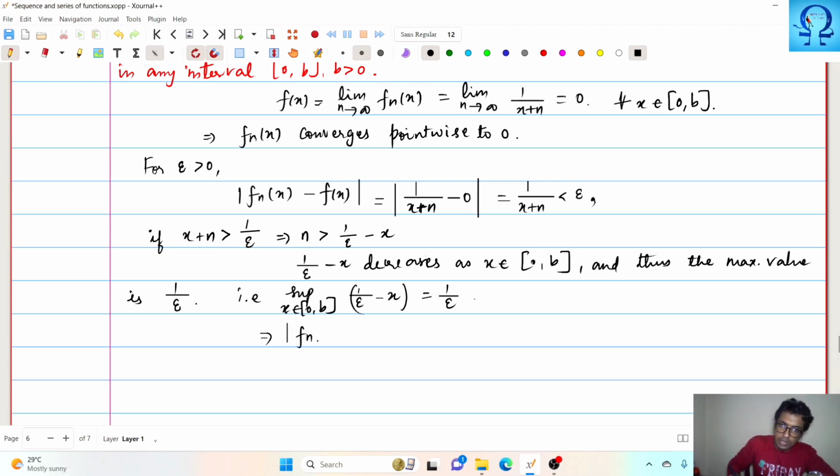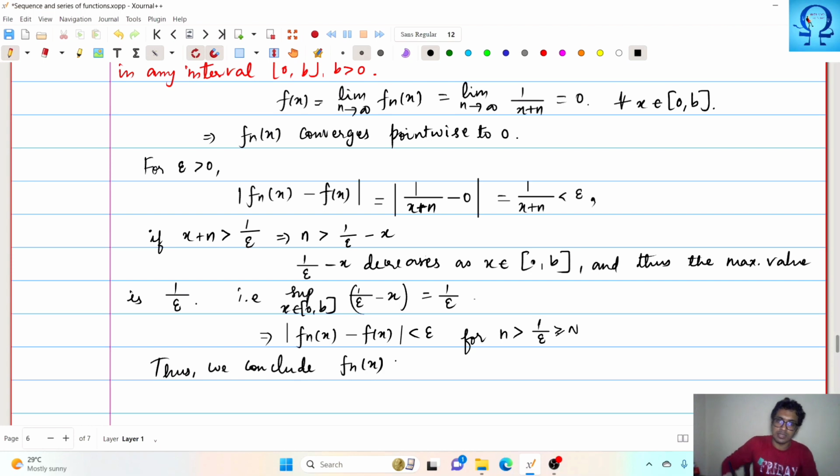Therefore, absolute of Fn of x minus f of x is less than epsilon for n bigger than 1 upon epsilon. So you can identify some big N which is greater than or equal to this 1 upon epsilon, then your requirement is satisfied. Thus we conclude Fn of x converges uniformly on the closed interval 0, b.